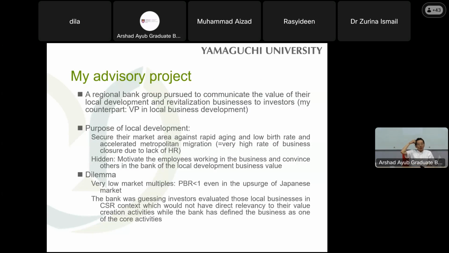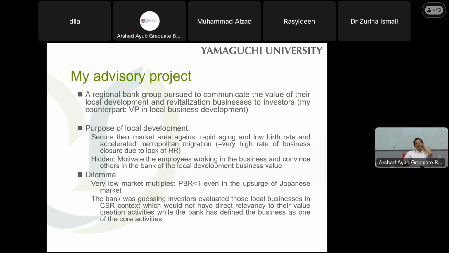As you can see here, my counterpart for this project is the Vice President of Local Business Development. If you are interested in the specific name of this regional bank, you can type YMFG and Japan. Then you will find the company's name is Yamaguchi Bank.